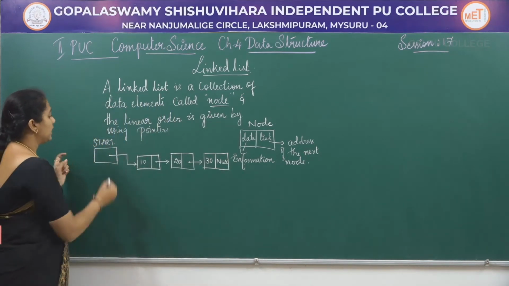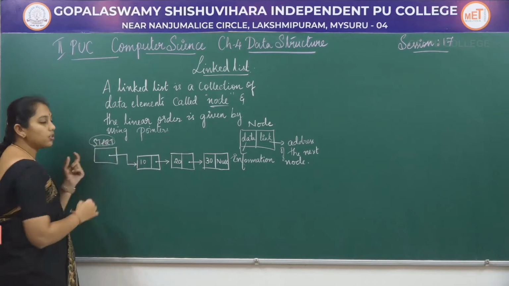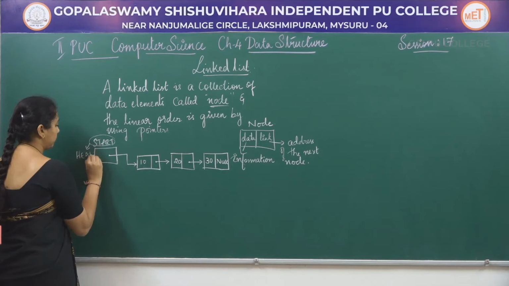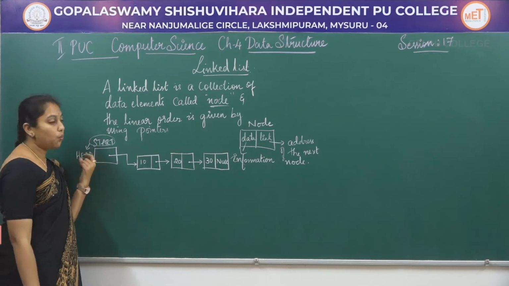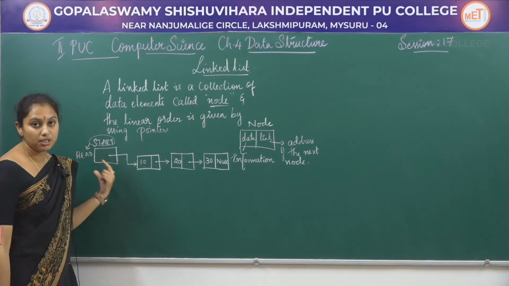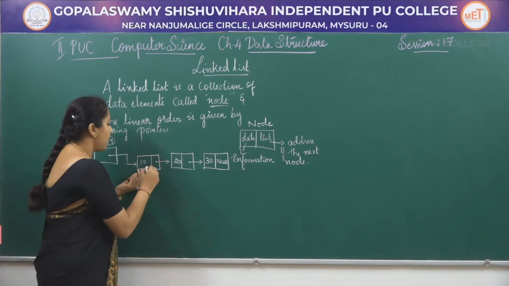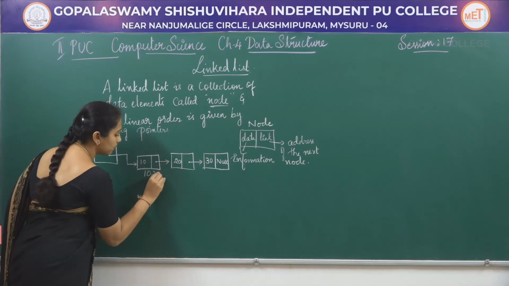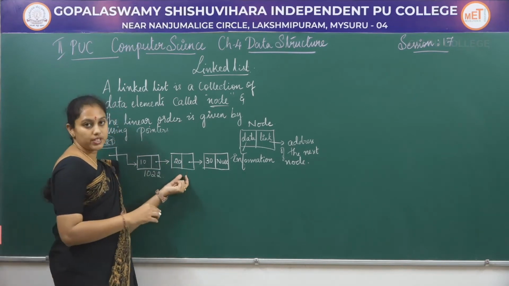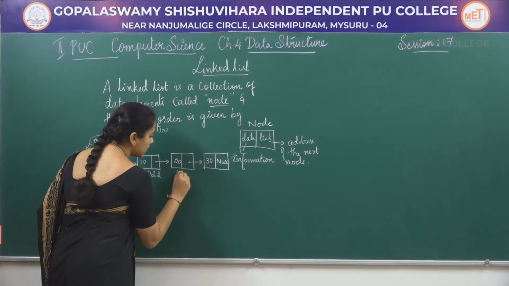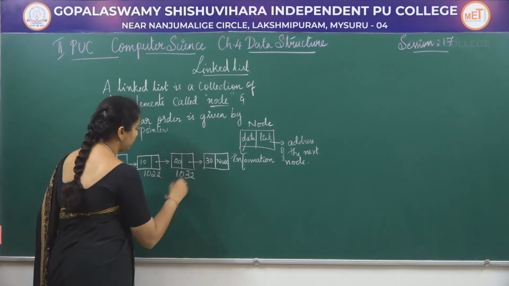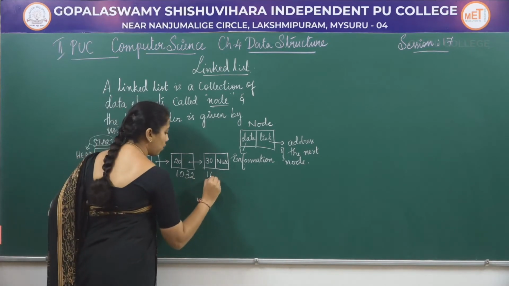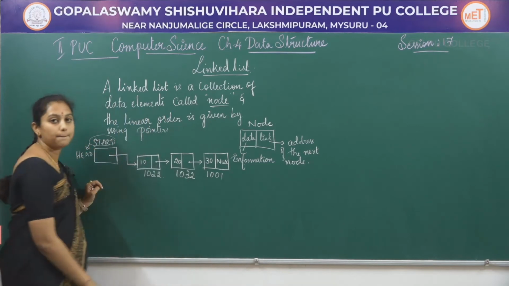Here the start pointer is also called the head pointer. Why do we require this head pointer? For example, the address of the first node may be 1022, the address of the second node may be 1032, and the address of the last node may be 1001.